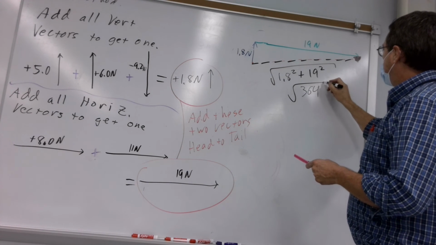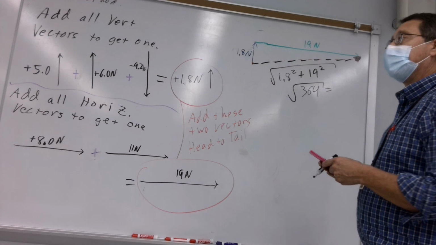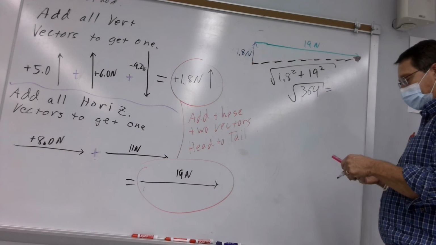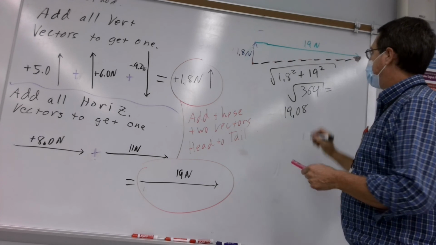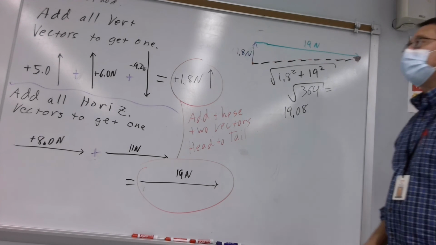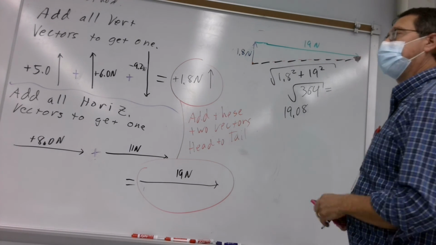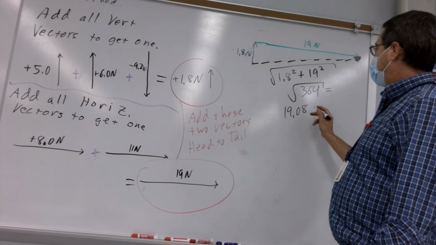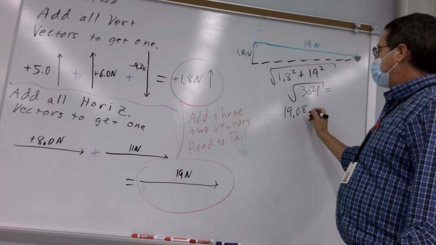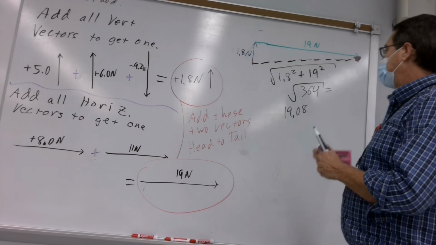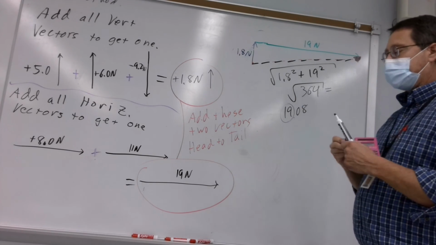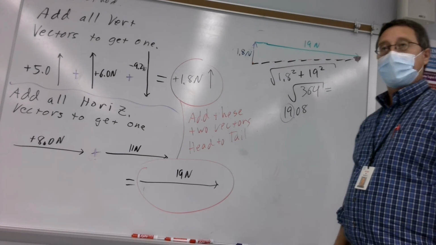Now that will equal, take the square root of that. That will equal 19.08. Well, it is a little longer than 19. Let's sort of block that a little bit. What's the problem? If we round that to 2 sig figs, what do we get? We get 19. And some people that bothers them, but it's the way science works.